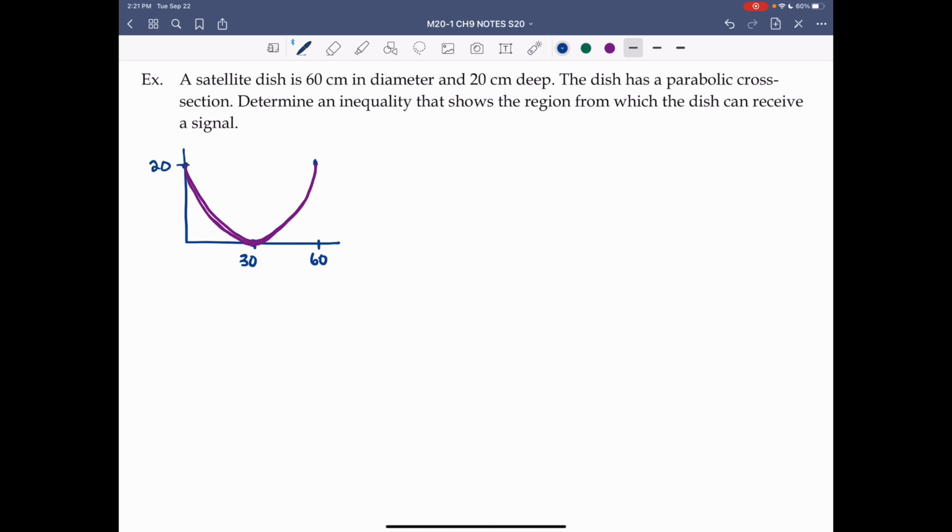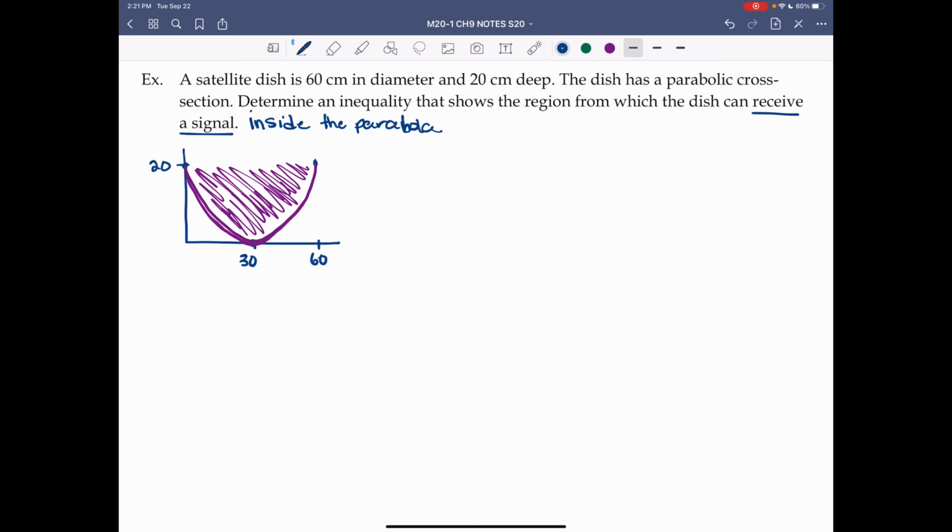We want to determine the inequality that shows the region from which the dish can receive a signal. Well, the dish is going to receive a signal inside the dish, so inside the parabola, which means anywhere in here is our solution region.